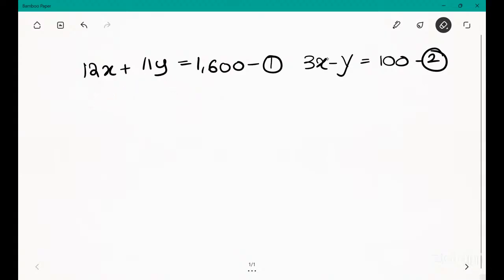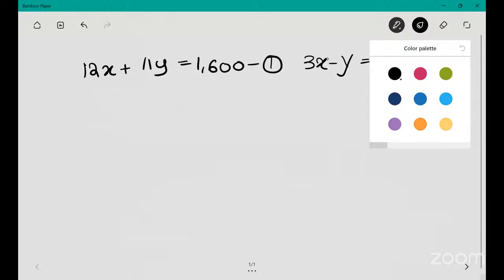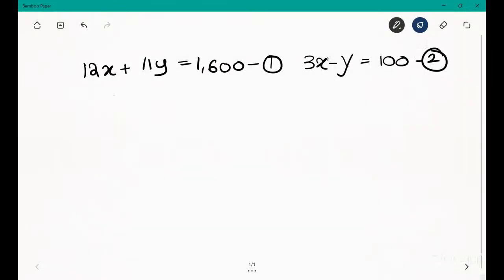Okay. So now I have to make sure one unknown term's coefficient is the same. Here you can see I can make the x terms the same because I already have 12x over here. I can only multiply one side and get 12x as common.